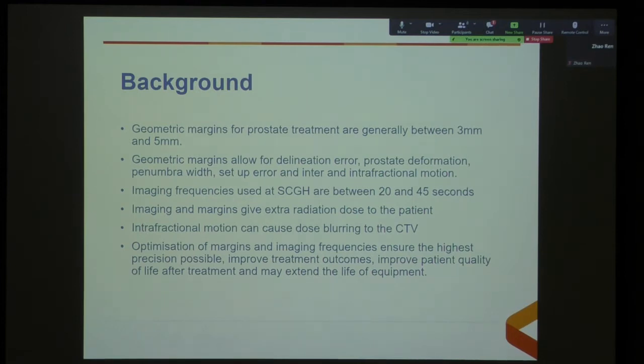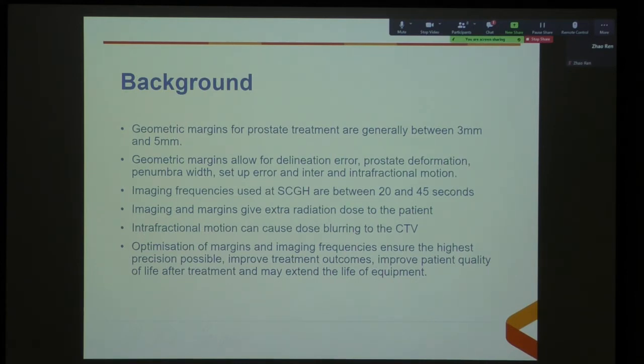Those margins actually allow for several sources of error. Only one is the one that I'm looking at, which is the intrafractional motion. At the moment, we are using imaging frequencies for CyberKnife treatments for prostate cancer specifically between 20 and 45 seconds.